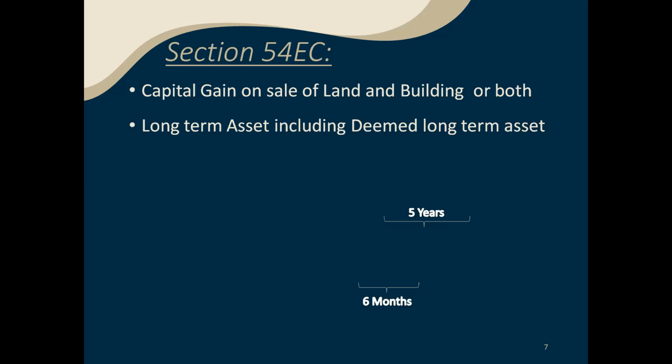It is calculated on the basis of short term capital gain. However, even an asset on which you have calculated depreciation, if it is held for more than 36 months, will be deemed to be a long-term capital asset for this calculation of 54EC.